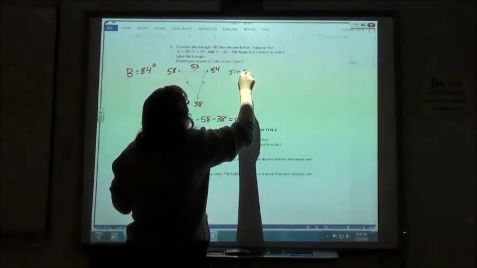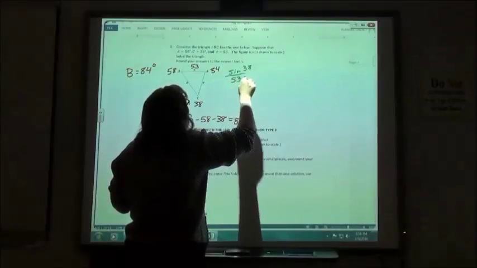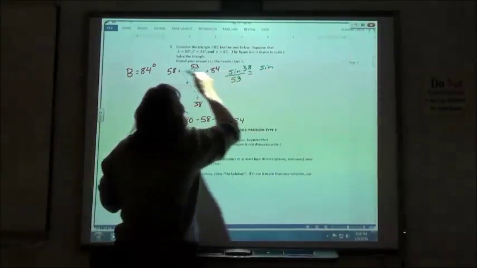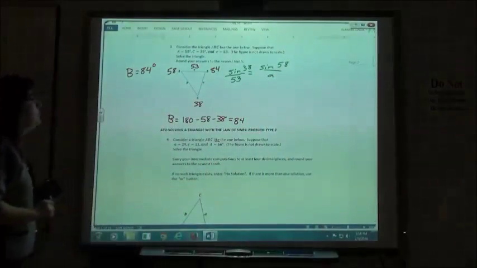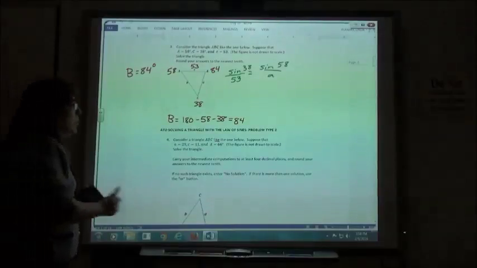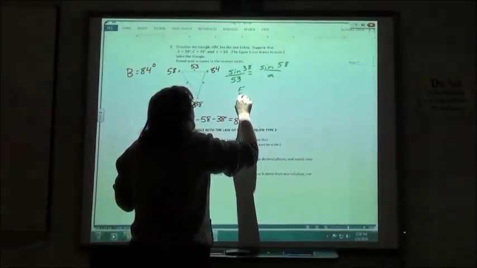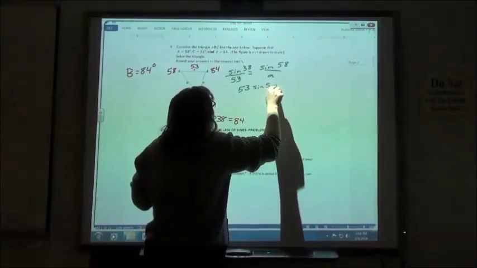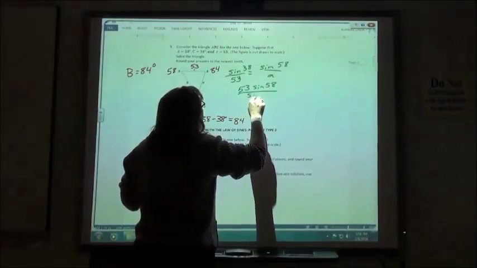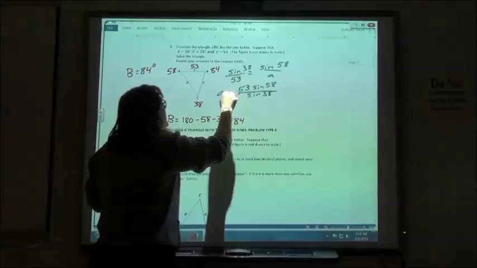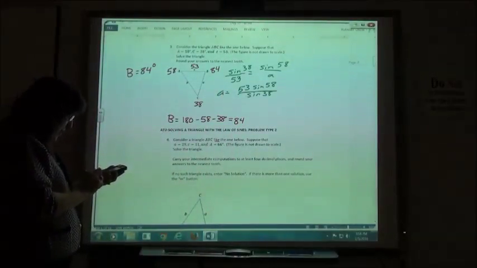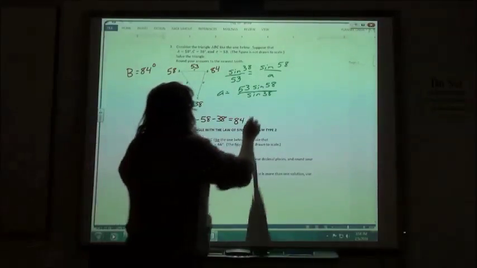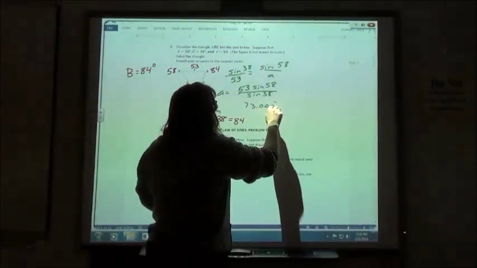The sine of 38 over 53 is going to equal the sine of, and I'll just do A, so 58 over A. Again, we have to cross multiply, so 53 times the sine of 58, and we end up dividing by the sine of 38 to get our answer for A. So 53 sine of 58 divided by the sine of 38 gives me 73.005.